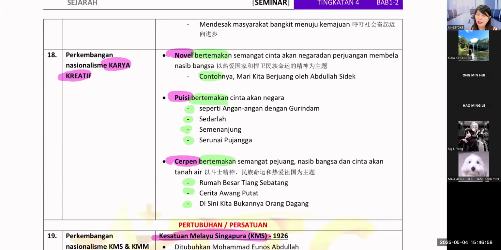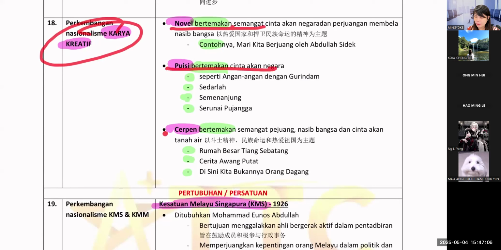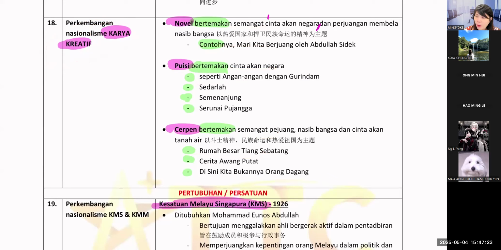Then we go to Karya Kreatif. For Karya Kreatif, they may ask you to explain the Karya Kreatif: novel tema, puisi tema, cerpen tema, and a contoh. Accordingly, this one is tema 1, tema 2.